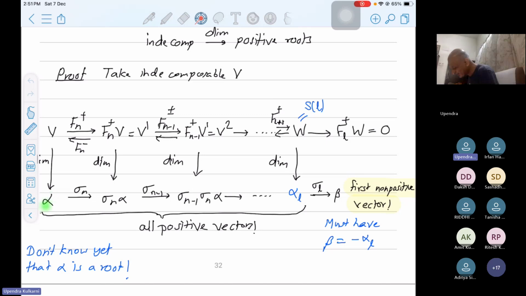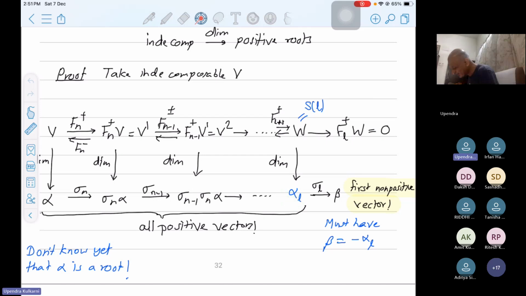If I start with a root, how do I know that the root will eventually become negative? It will eventually become a non-positive vector. The only way it can become a non-positive vector is if the previous step is alpha n.